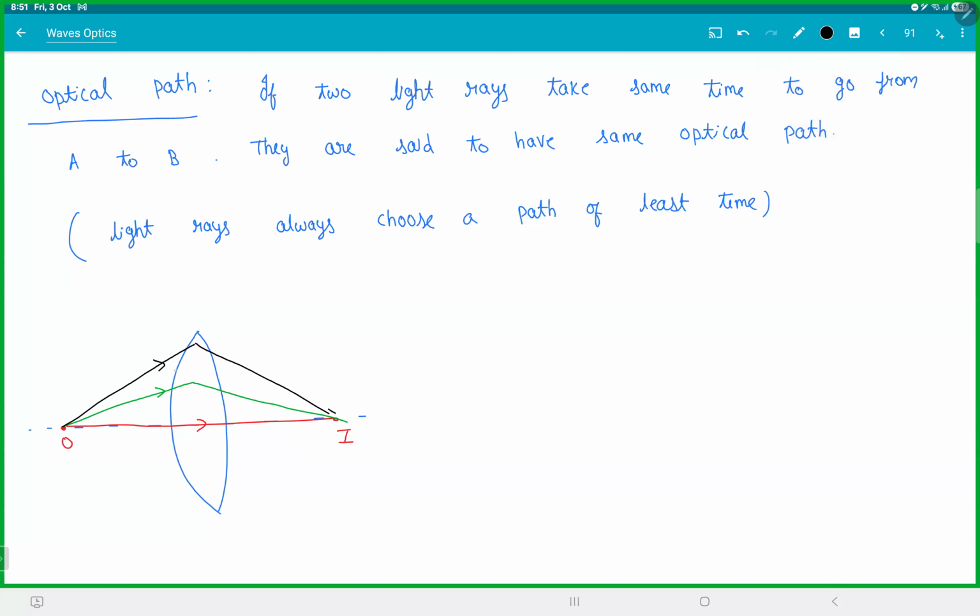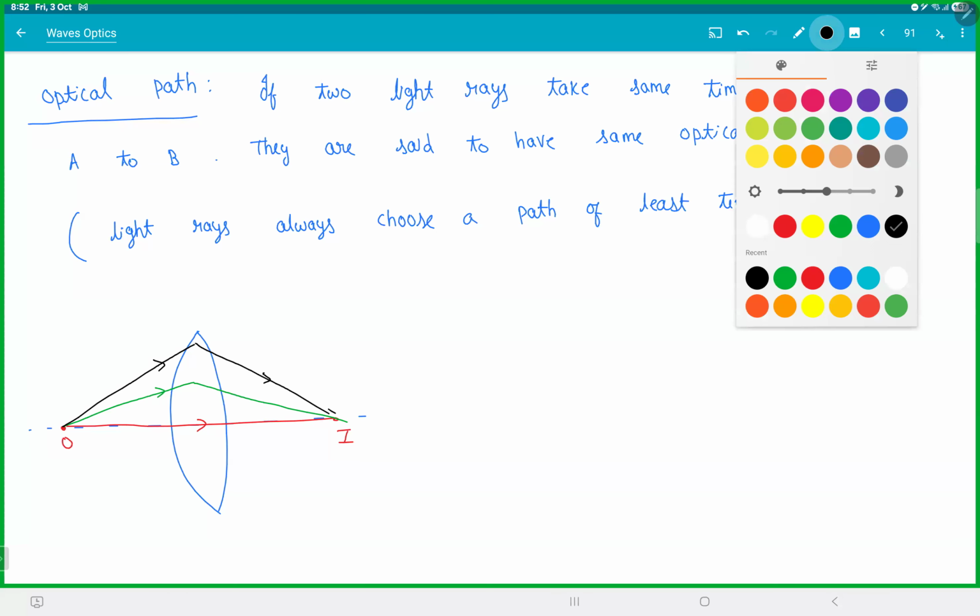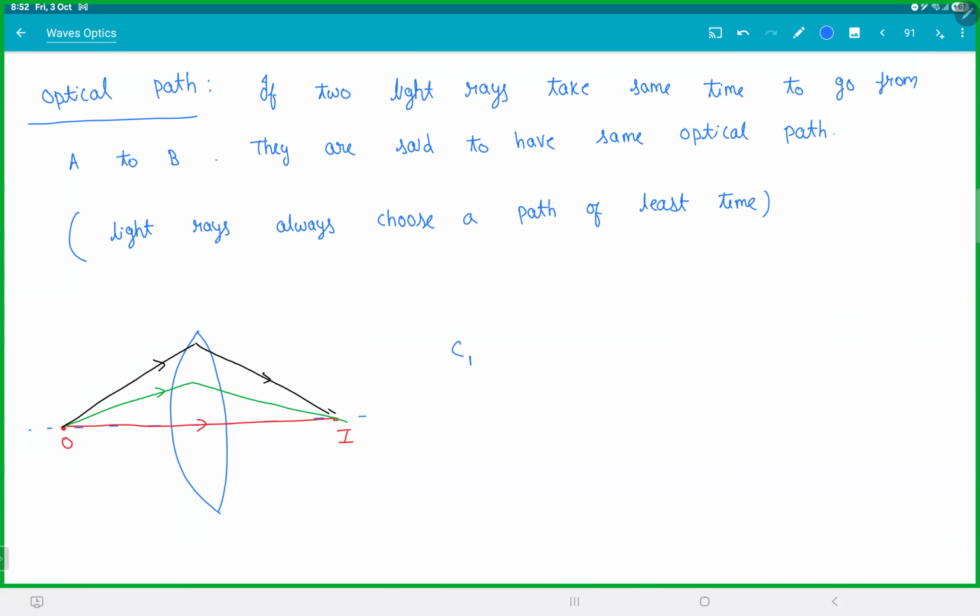Now, when you say image, understand one thing. How do you get an image? 2 light rays from the source meet at the same point at the same time. Tell me one thing. If the red one comes first and green one comes later, do you think you'll get an image? That means all these 3 light rays are taking the same time to reach, but you can clearly see the black is traveling more. So what is the catch? The catch is, if you remember the speed of light in a medium, it is actually c vacuum by mu.